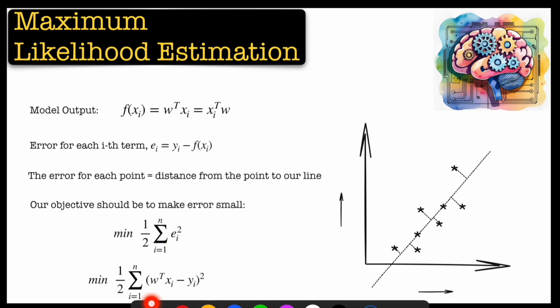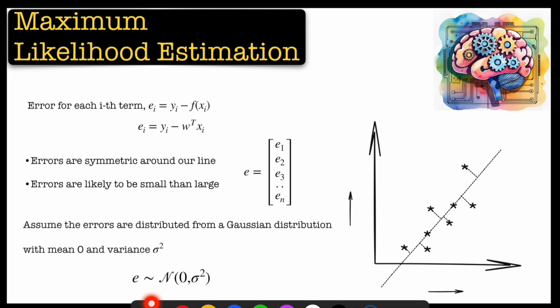So this ei is basically yi minus f(xi) or f(xi) minus yi, which is w transpose xi minus yi, squared. These are the things we want to minimize. So let's say the error for each ith term is ei equals yi minus w transpose xi, right?